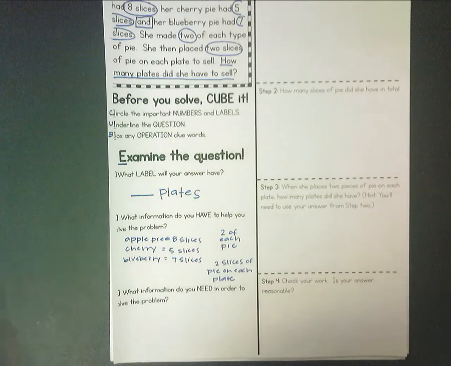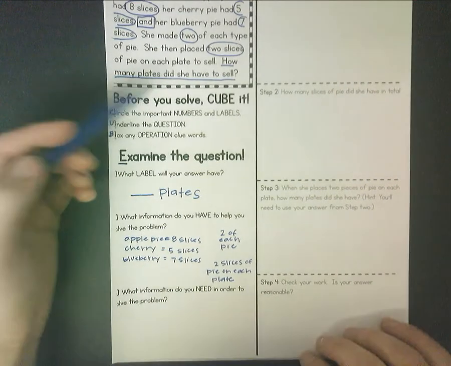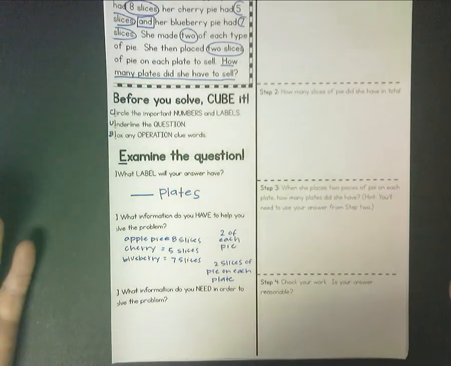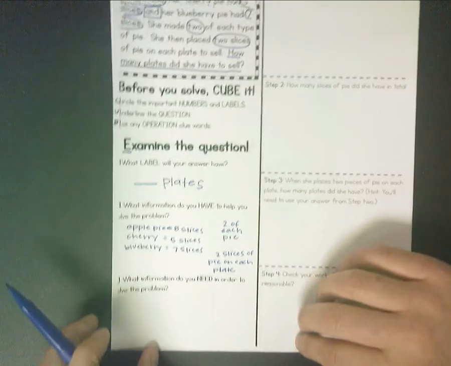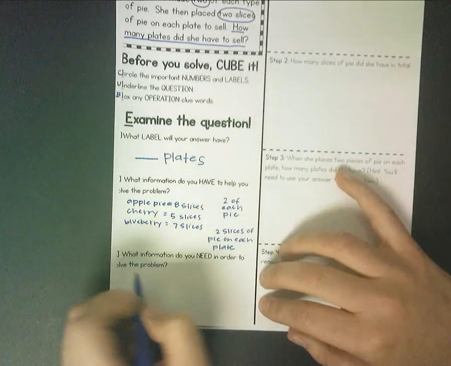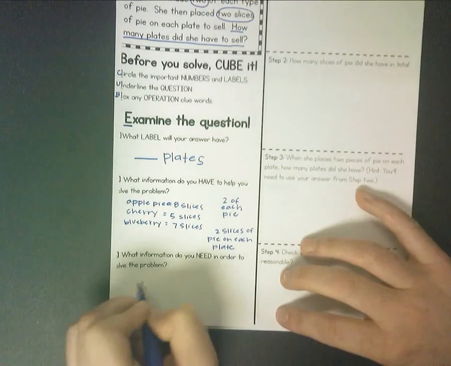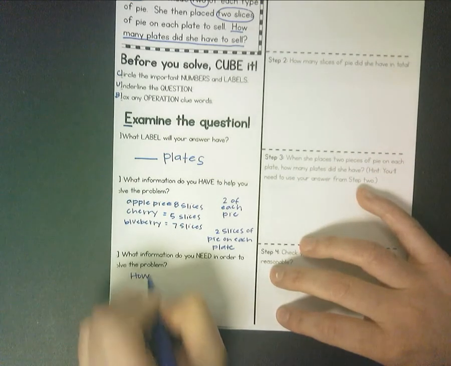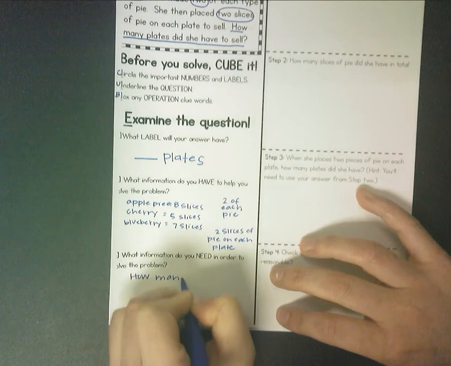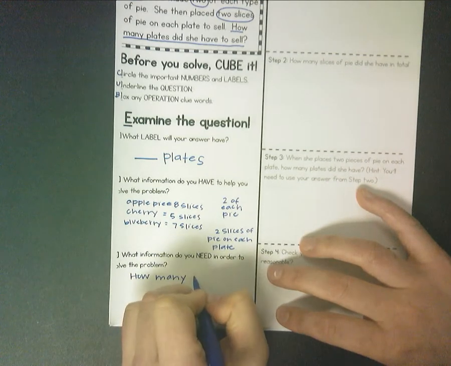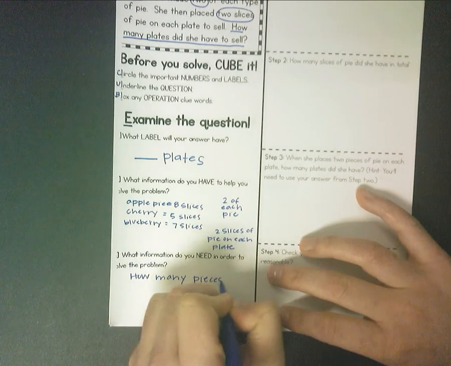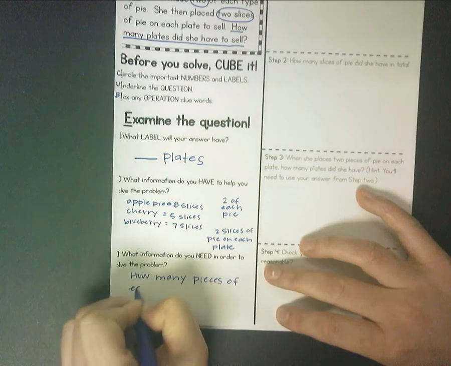What do we need to figure out the problem? So in order to find out how many plates she had to sell, what do we have to find out? What do we need to solve here? So I'm saying we need to know how many pieces of each pie we have total. Like how many apple pie pieces, how many cherry pie pieces? Because we're making 2 pies.